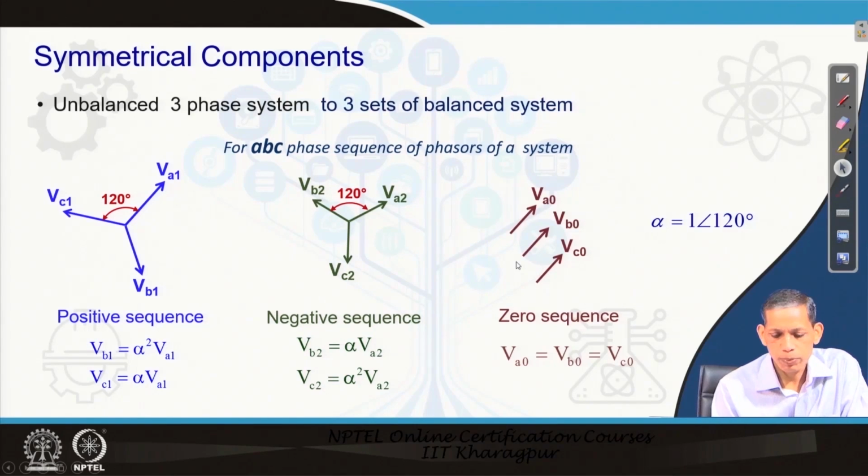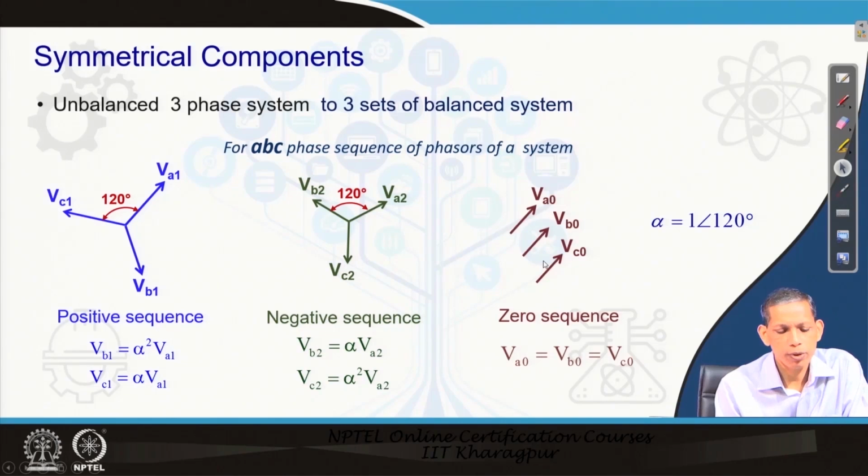Now, in this perspective, any three phasors VA, VB, VC can be decomposed into three sets of positive sequence, negative sequence and zero sequence phasors. Note that in case of positive sequence, each component VA1, VB1, VC1 has the same magnitude, and similarly in negative sequence and in zero sequence.